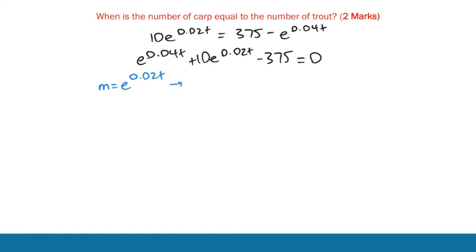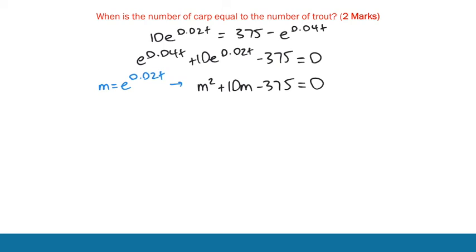Now when we do that, we get this first term, that's m squared, because remember the index law of a power to a power is that they multiply. So e to the 0.02t squared is e to the 0.04t. So that first term is m squared, the next term is 10m, and we're subtracting 375.